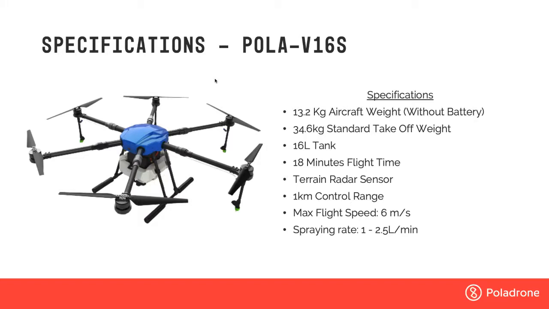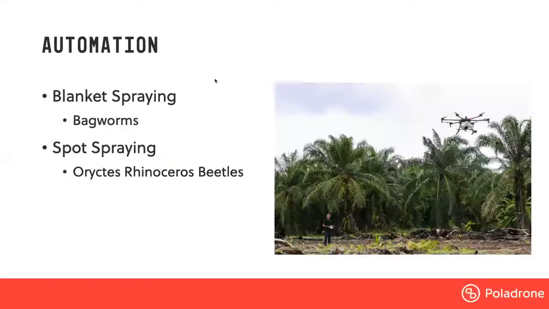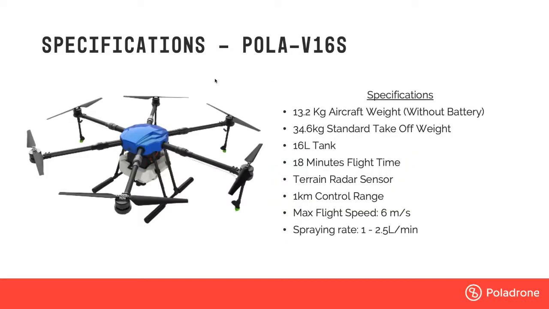Basically, the usage of the drone is mostly for paddy and also oil palm. You can do blanket and also spot spraying. The takeoff weight is around 34.6 kg, and it can fill up to a 16 liter tank.